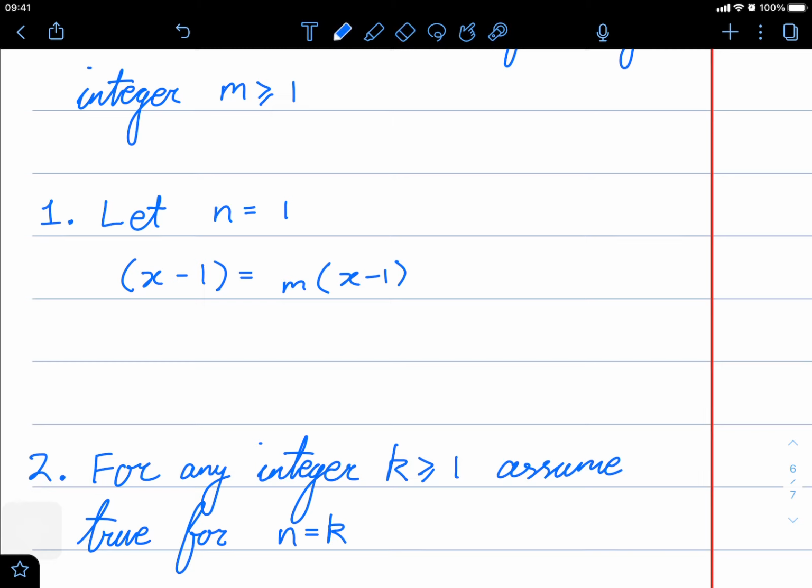In this case, it's definitely true because m can just be equal to 1, because 1 times this is equal to this. So this is true for n is equal to 1, since m is equal to 1.